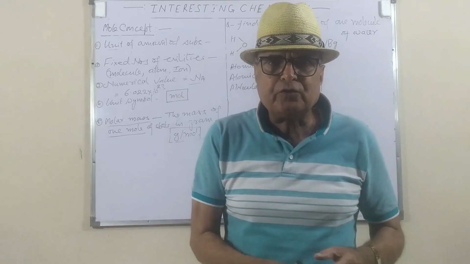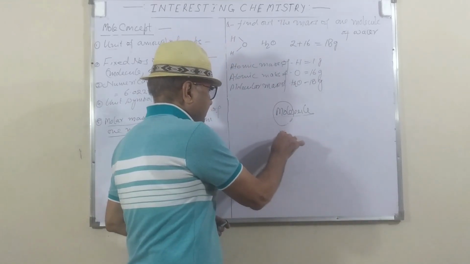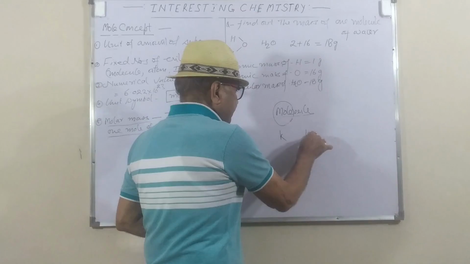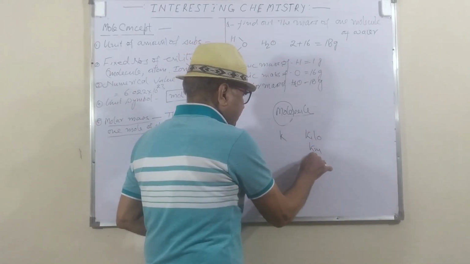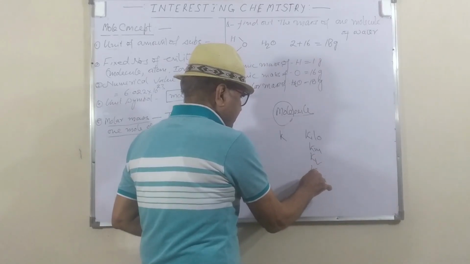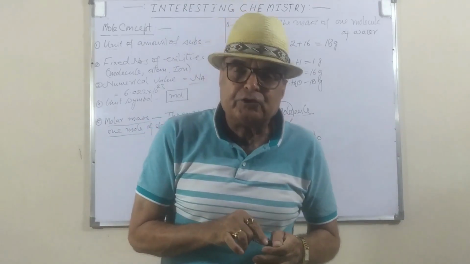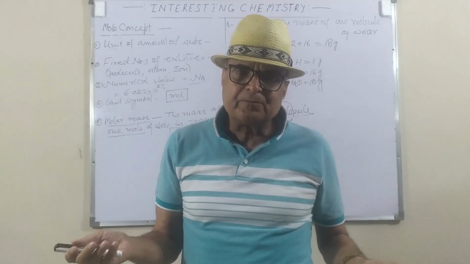A very familiar unit is kilo. If you couldn't recognize it, you will write kilometer, kiloliter, kilogram. So kilo is a unit that has a fixed number of entities.